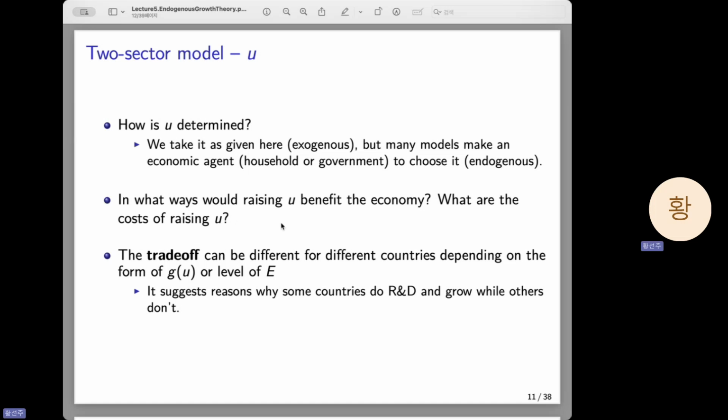But the cost is that fewer workers remain in the production sector today, so current output falls. It implies that there's a tension between current consumption and future growth.